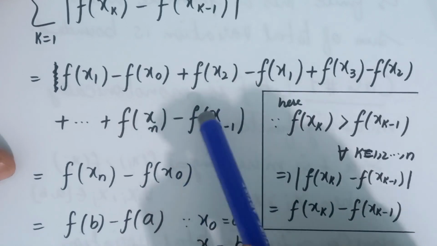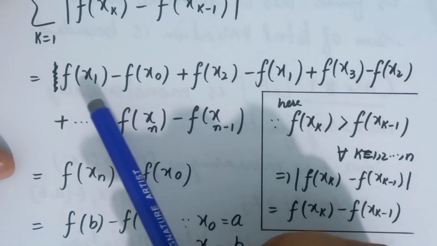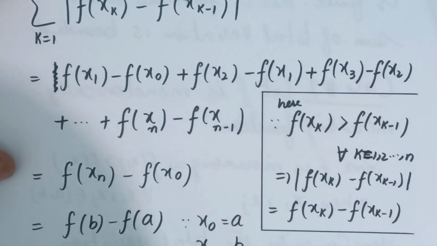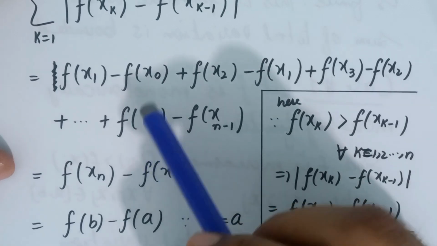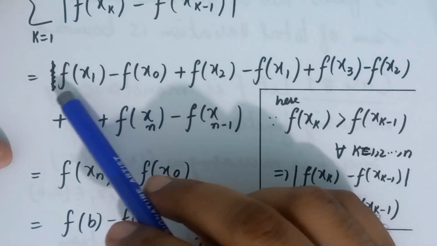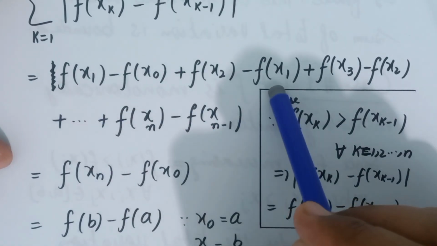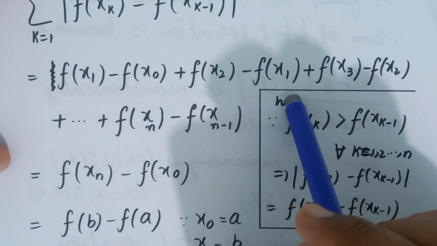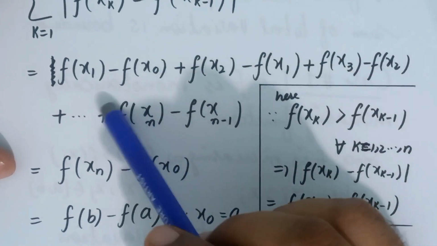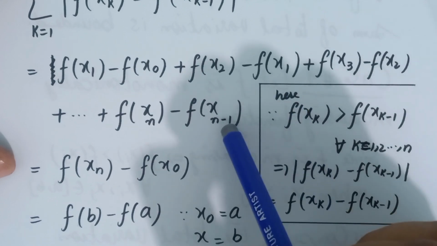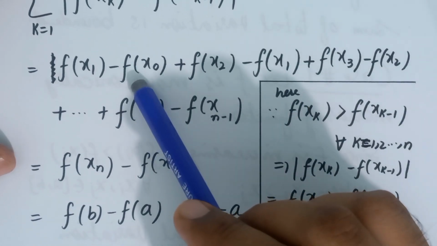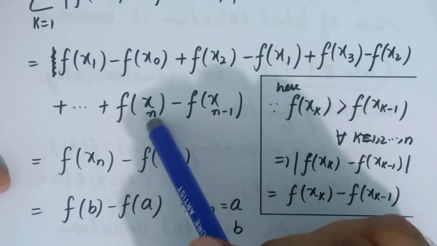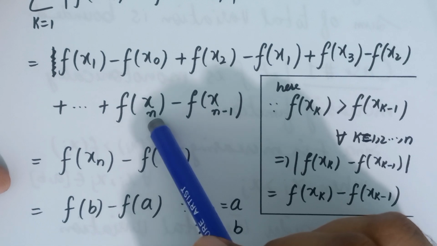Now, as you can see, the terms are such that f of x1 has a positive sign here and f of x1 has a negative sign here. So the terms are in alternating signs. So all the terms will be cancelled except two terms. The first term is f of x0, which occurs only one time, and also the last term f of xn.